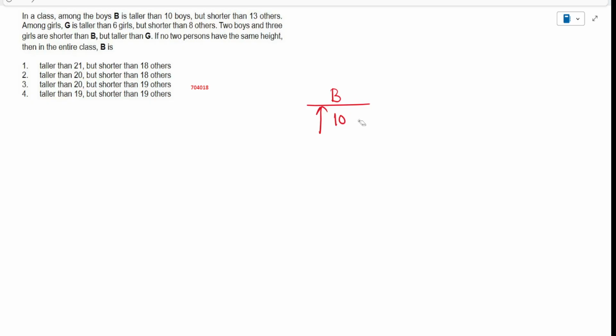And shorter than 13 boys. So here we have 13 again boys. So what is the total number of boys? 10, 13 and B. That is 24. These are the boys.